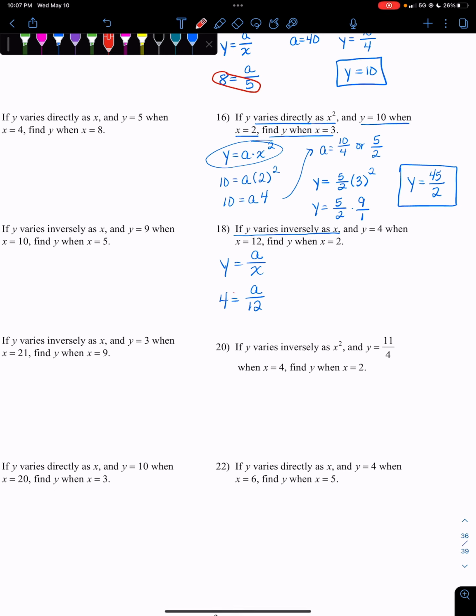Go ahead and multiply 12 to both sides. So I've got a is equal to 48. Now find y when x equals 2. So y, we don't know, is equal to 48 divided by 2. And we get y equals 24.